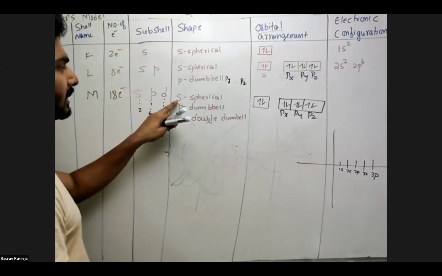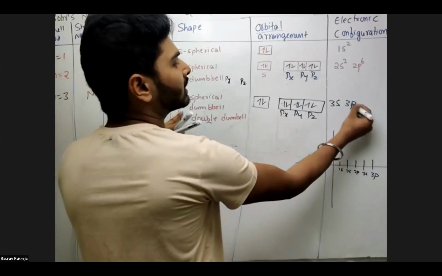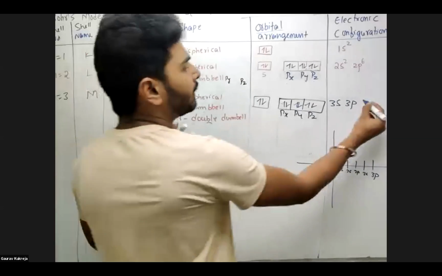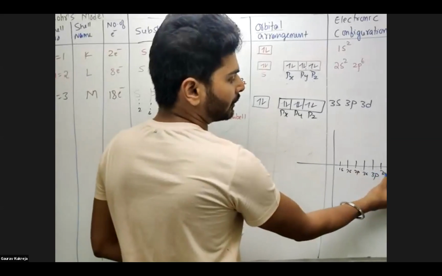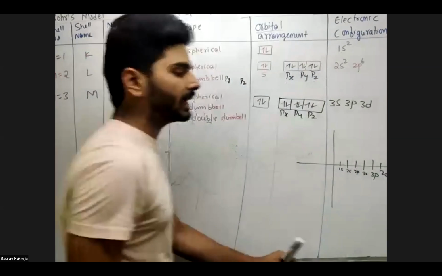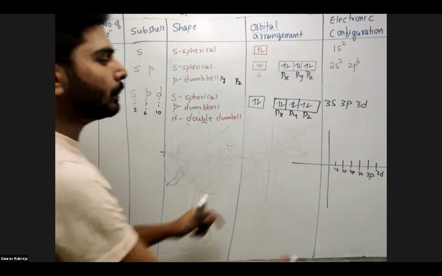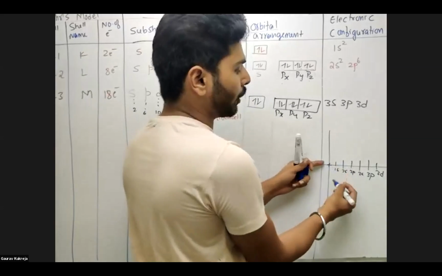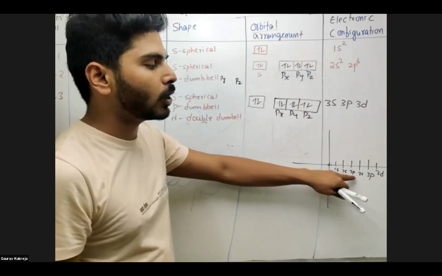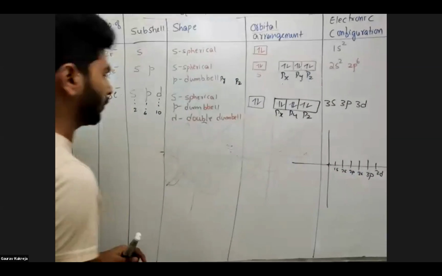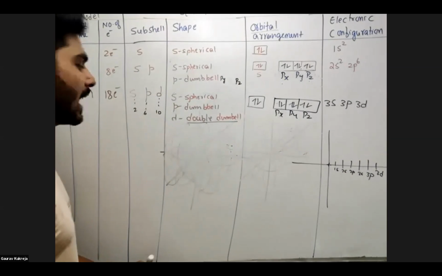This S will be considered as 3s, this P will be considered as 3p because they come under the M shell, and this D will be considered as 3d. Remember, 3d will come after 3p. That is how you have to understand it. Distance-wise, length from the nucleus, that is how they are placed. But shape-wise, I already told you, S is spherical, P is dumbbell, and D we will see now, double dumbbell manner, and we have to fill 10 electrons inside that.